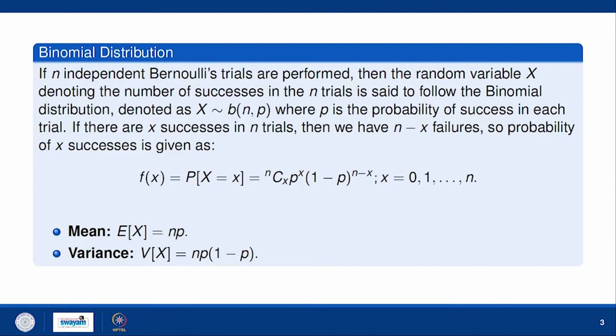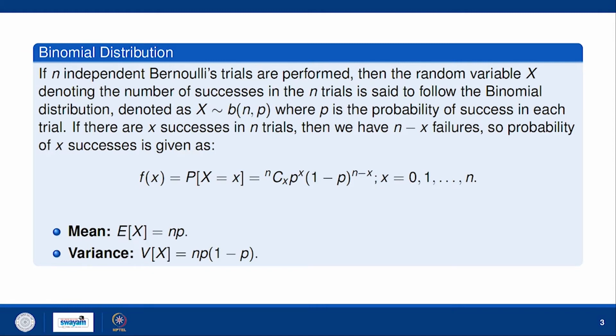Now let us come to the binomial distribution. If n independent Bernoulli's trials are performed, then the random variable X denoting the number of successes in the n trials is said to follow the binomial distribution, denoted by X ~ B(n, p). This is a notation where p is the probability of success in each trial and n denotes the total number of trials.